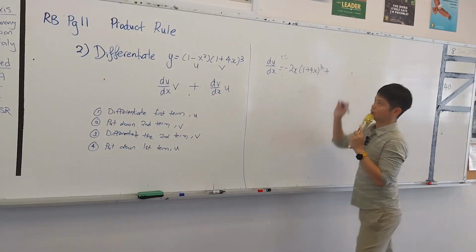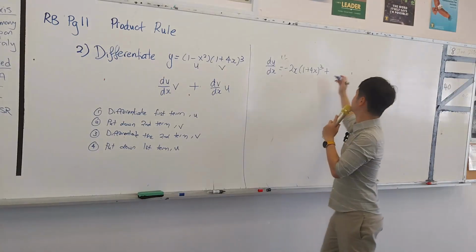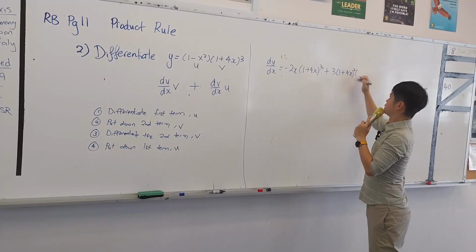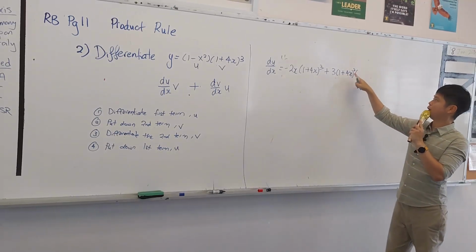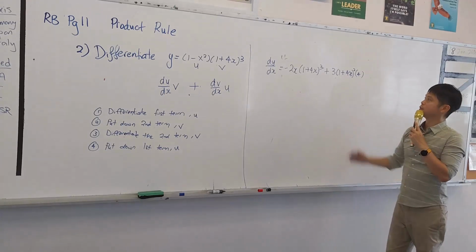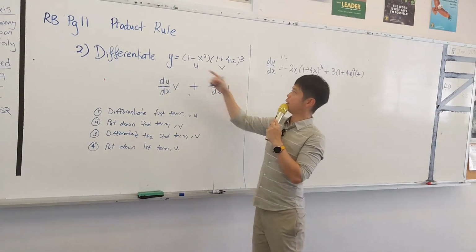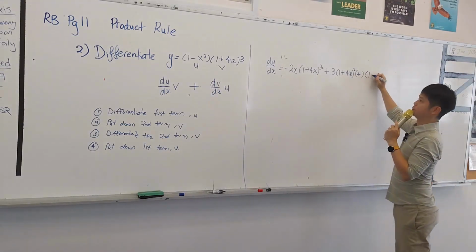Plus, differentiate the second term using chain rule. Bring down the power minus 1, differentiate the inside. Differentiate the second term, and then you put down the first term.